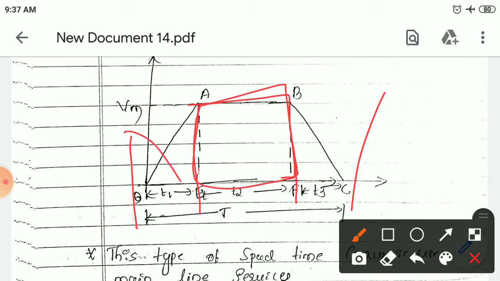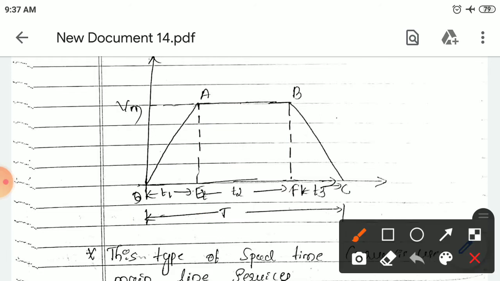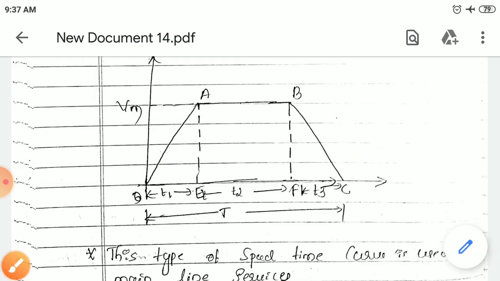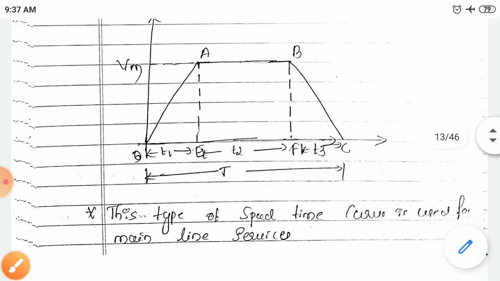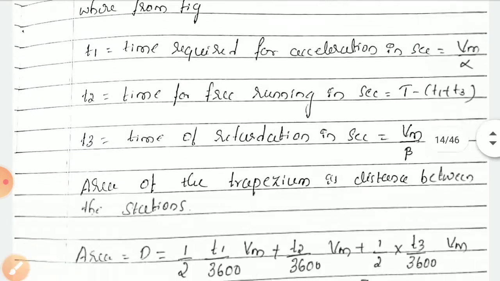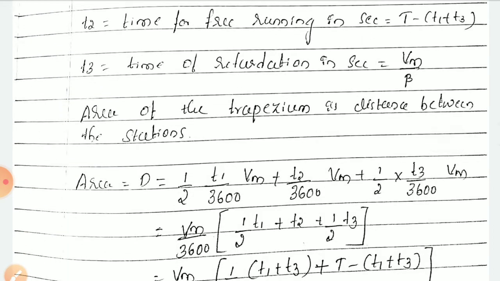The area of triangle OAE, plus the area ABEF, plus the area BFC, gives the area of the trapezium, which is the distance between the two stops.